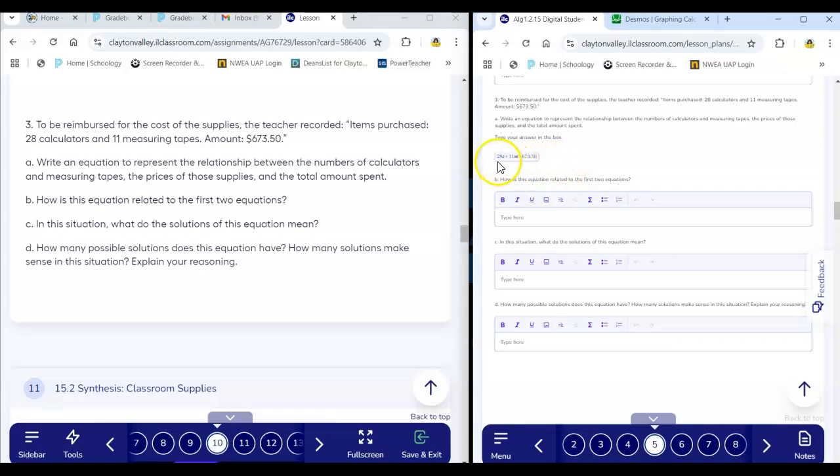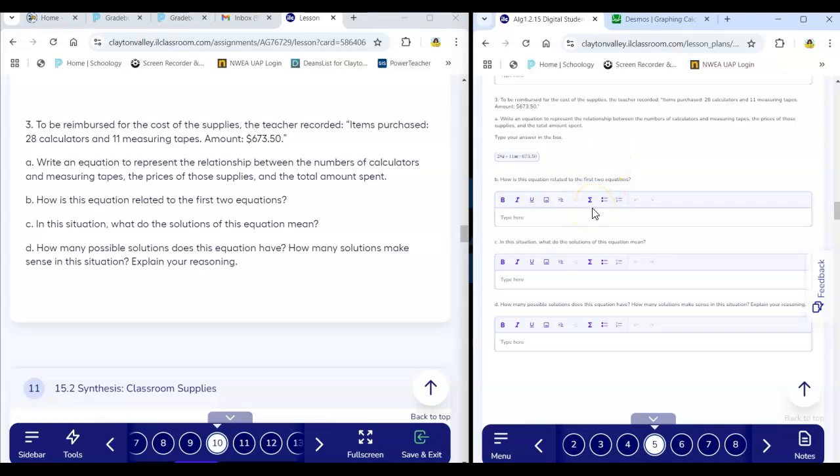So these two variables, the solutions that make this equation true, are the same type of thing. It's the combinations of calculators and measuring tapes that make this equation true. So how many possible solutions does this equation have? Well, it's got a lot of solutions, right? It's a line.